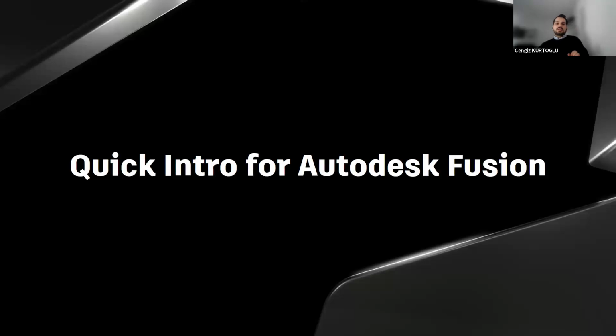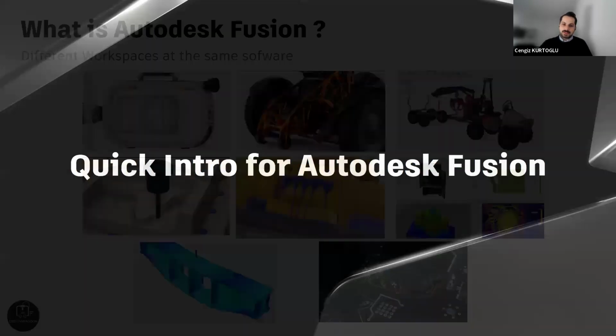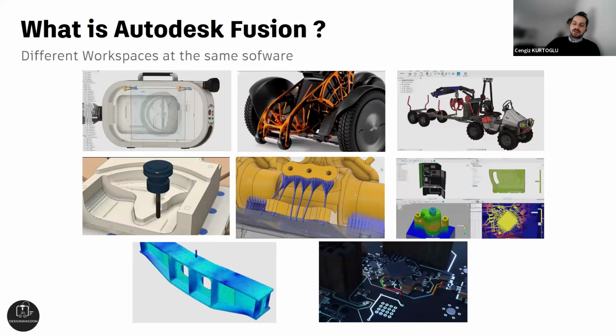Well, let's make a quick intro for Autodesk Fusion. As you know, Fusion has different types of extensions, different types of workspaces. For example, you can access tools to create mechanical parts, and also form modeling tools on the design workspace, or sheet metal tools.